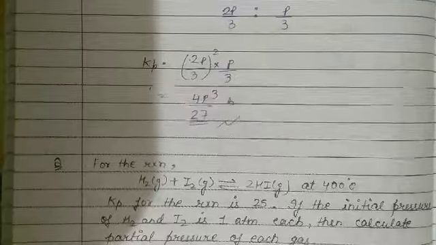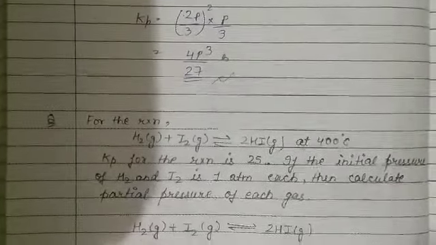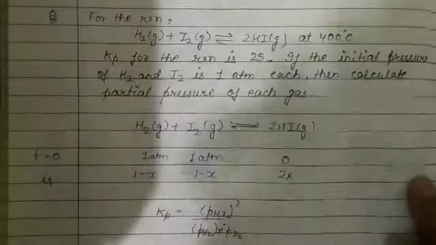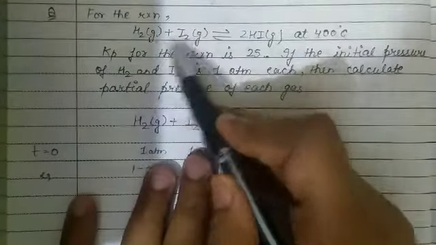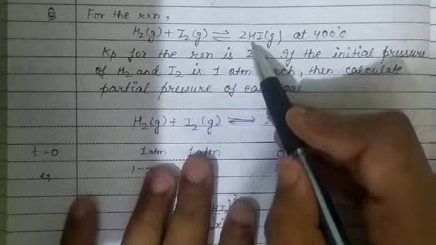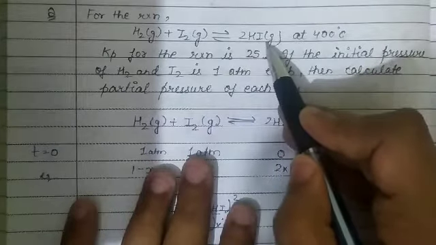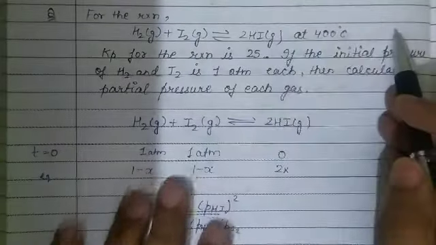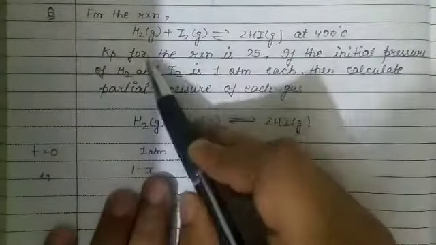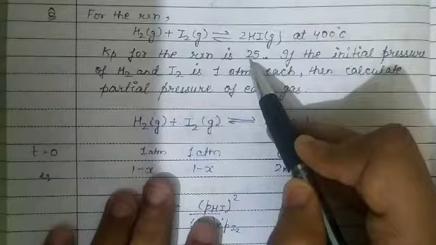See, now the next question is, the reaction is given. For the reaction H2 gas plus I2 gas changes into 2HI gas at 400 degrees Celsius, Kp for the reaction is 25.